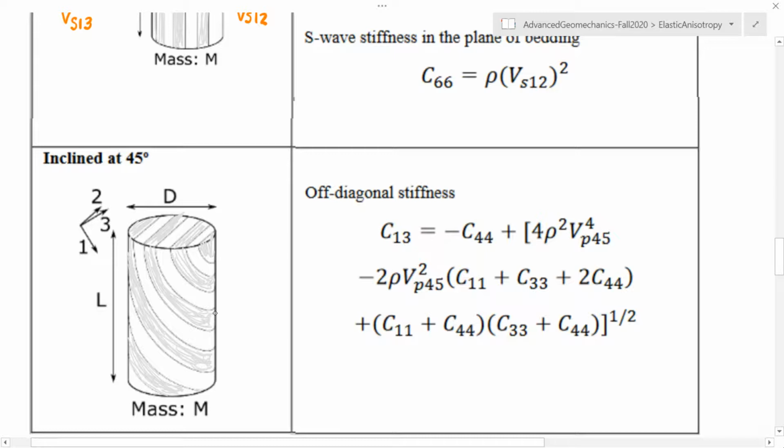So opposite to the case before in the static case, in which by applying a deviatoric loading we could fail these interfaces, with the sample oriented at 45 degrees and just applying wave propagation, it's unlikely that that's going to happen. So in this case, the theory applies a lot better.